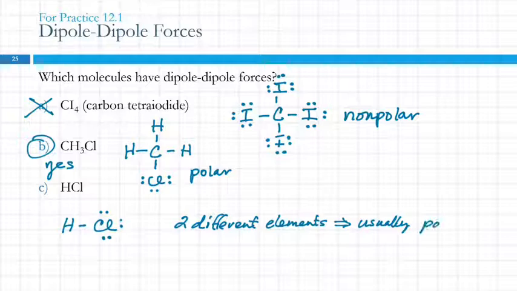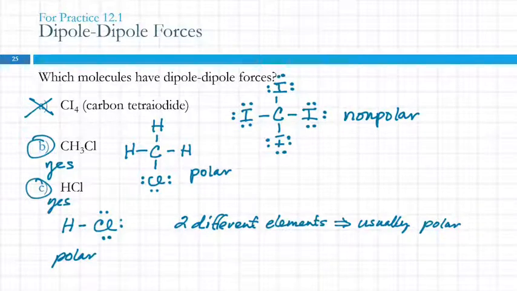There are exceptions, but we probably won't run into those on a test for sure. So these are different, and so I'm going to predict that this is a polar molecule. Since it's polar, it has dipole-dipole forces.